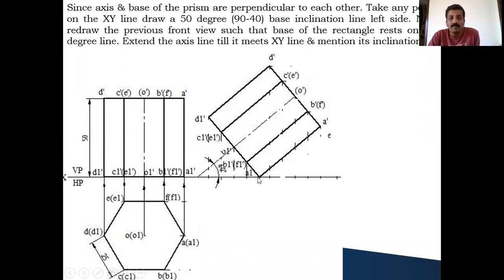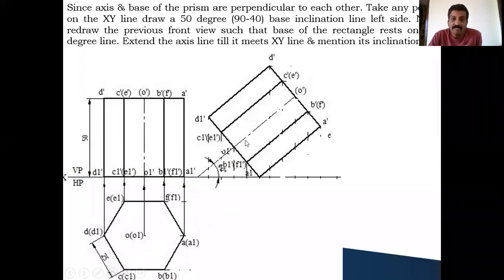So you take 50 millimeter with the help of your compass and keep on cutting from all these points on the 90-degree lines. Afterwards, join it without changing the visible edges. You join it, and this also you join. So the entire thing you have redrawn here, and the corresponding points also you can transfer here.